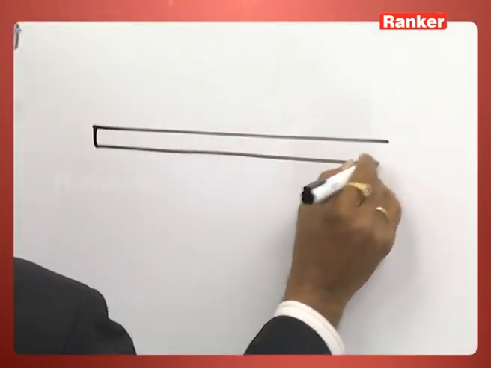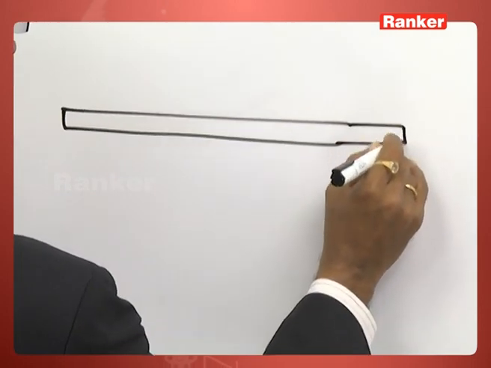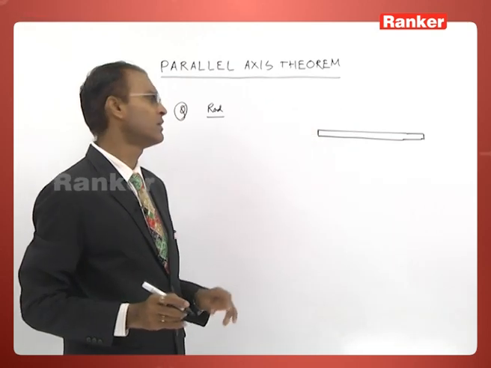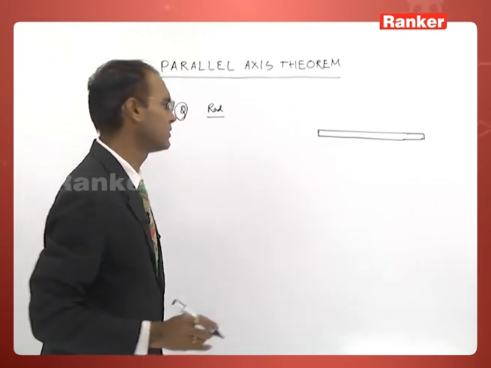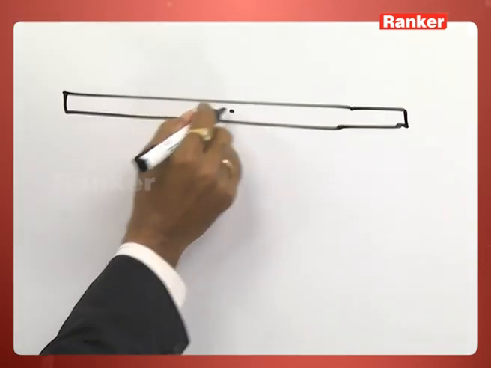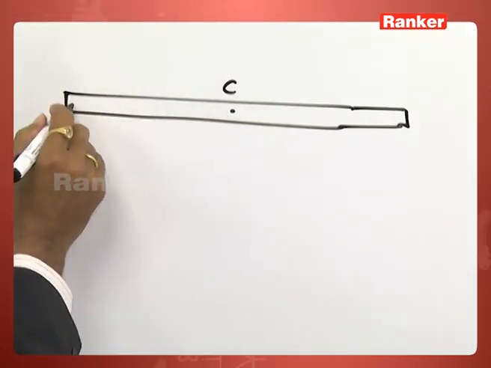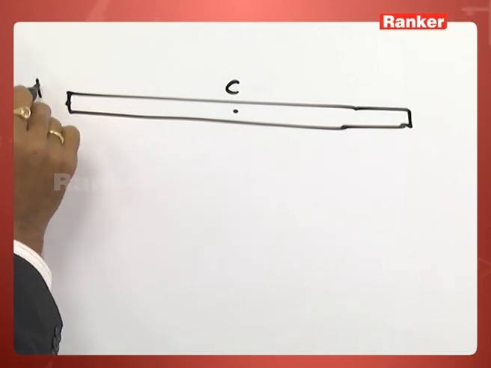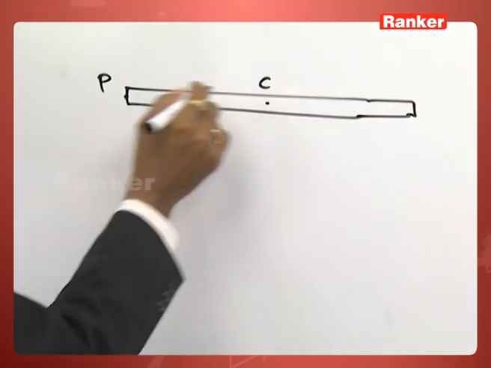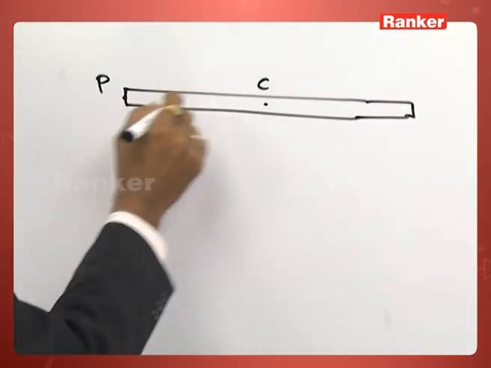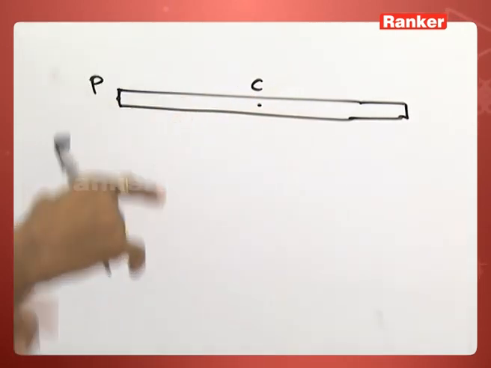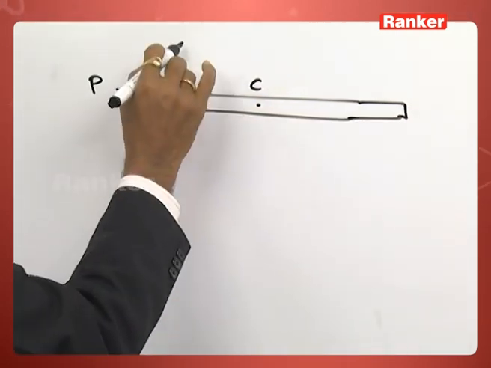This rod, unless it is stated, is a uniform rod. This is the center of mass axis C. Suppose this is the end point. You can take two parallel axes along z direction.